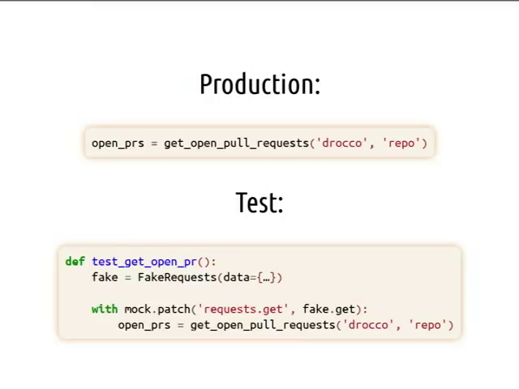So I'm going to patch request.get so I can sort of shove my own data in for testing purposes. Well, notice that the production code and the test code don't look at all alike, right? I have this extra setup that I have to do just to make the test work. And this gets worse the more dependencies you add and the more complicated those dependencies are.